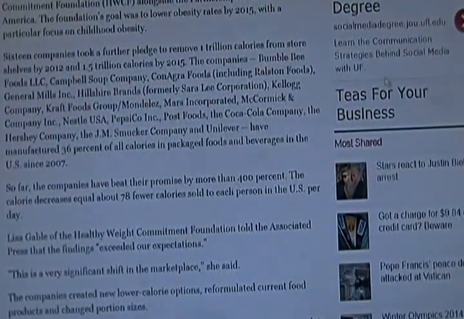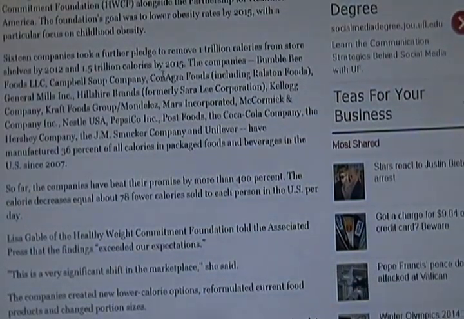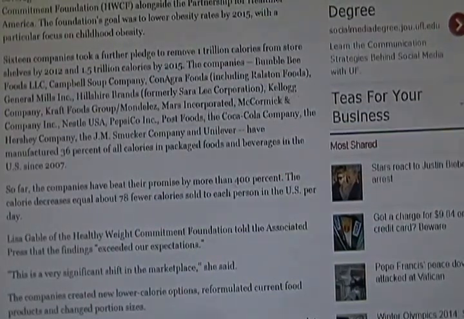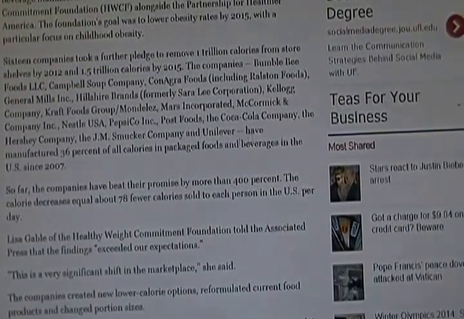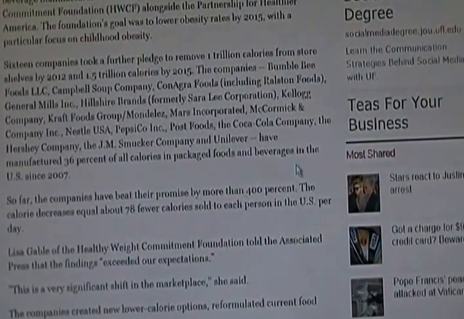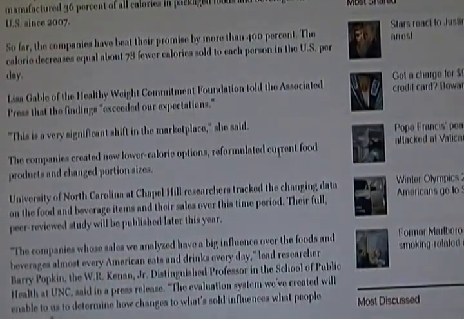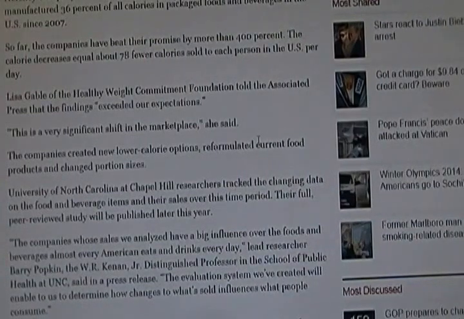The companies, and these are major companies: Bumblebee Foods, Campbell Soup Company, ConAgra is going to be a major one, General Mills, Sara Lee, Hillshire Brands, Kellogg, Kraft, Nestle, Mars, McCormick, Smucker, Unilever. It goes on to say they beat their promise by 400%. These companies do.